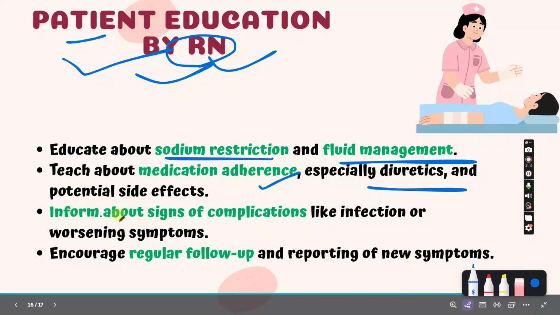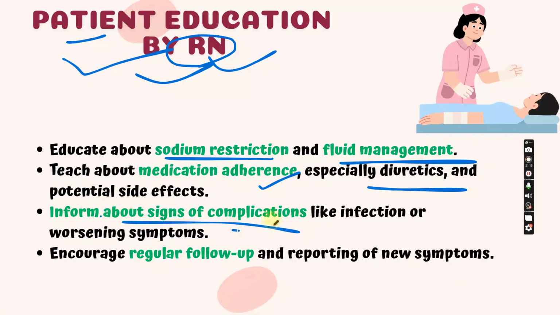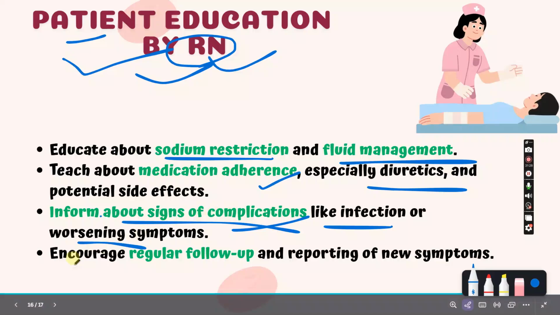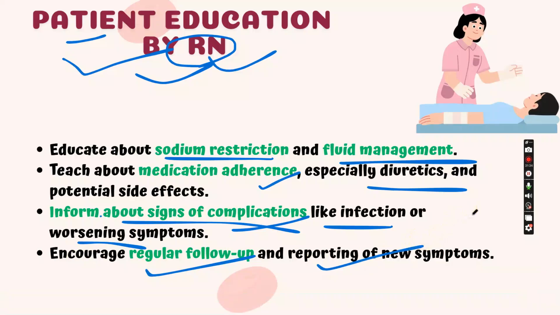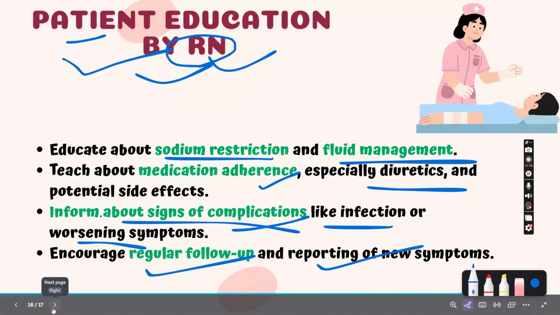Then we have to tell the patient that if you experience any kind of complication like infection, worsening symptoms, or fever, or fluctuations in blood pressure from the normal range, then inform us immediately. These might be the complications. Encourage the patient to have regular follow-ups and report any new symptoms. Okay. So these are the things that we will ask the patient to do and teach them.